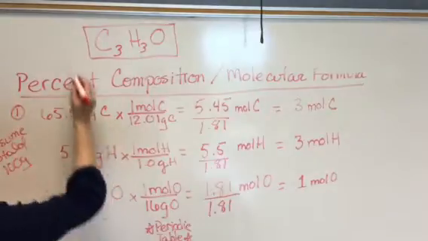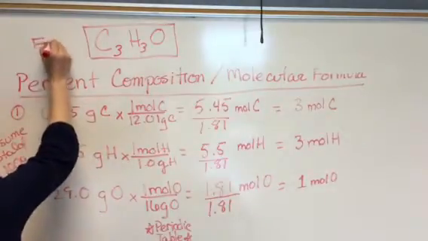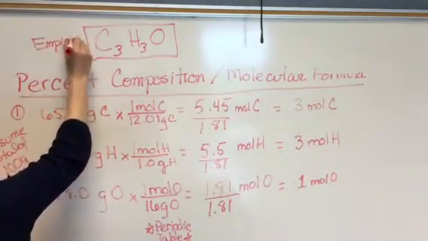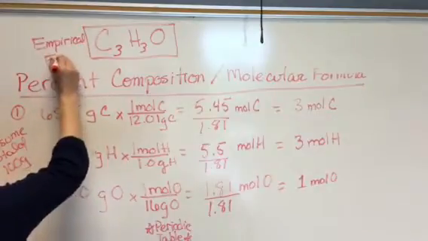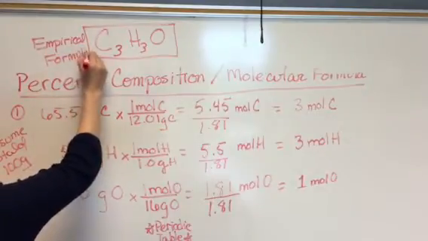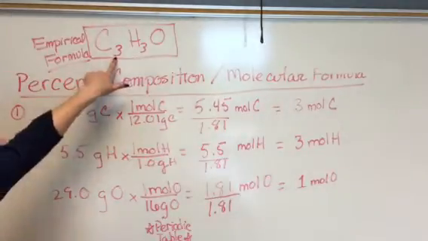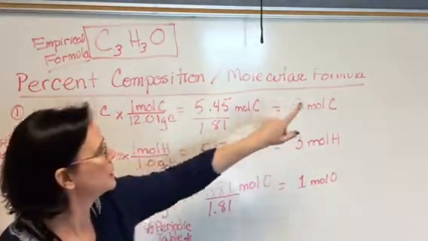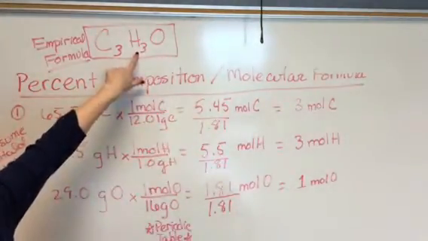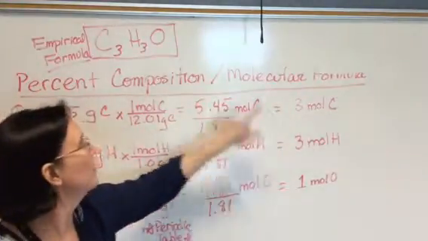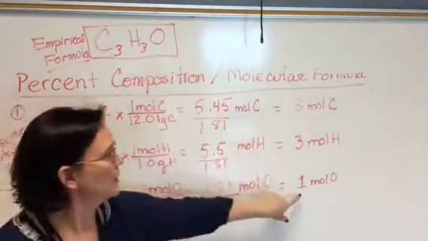That is our empirical formula. I got each of those numbers from the numbers I just calculated. That 3 came from there, that 1 came from there.